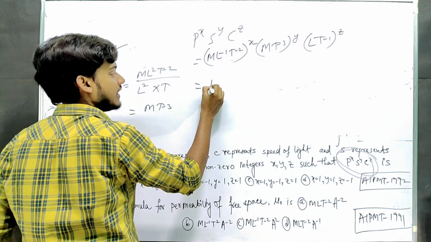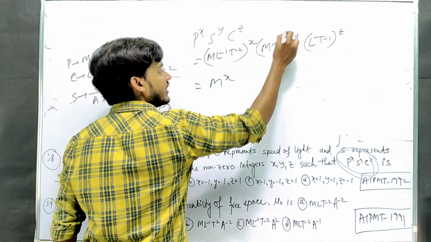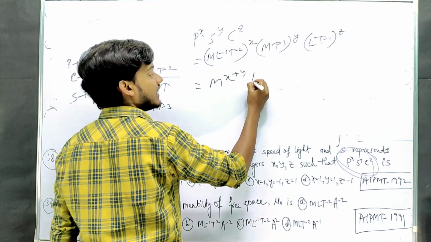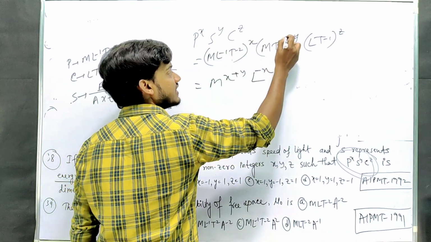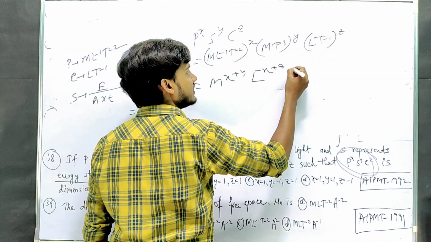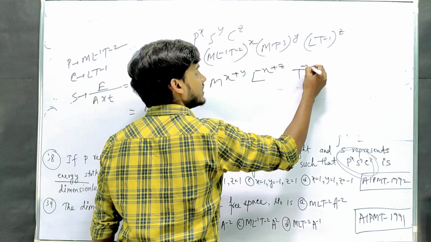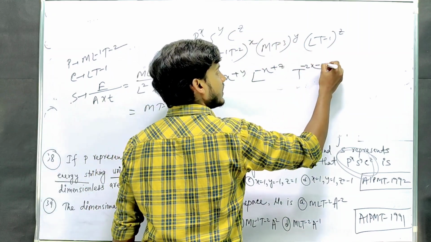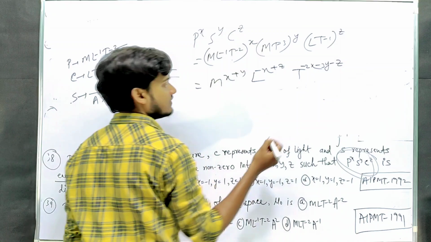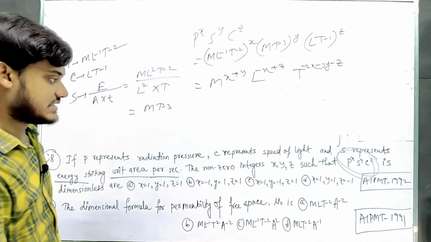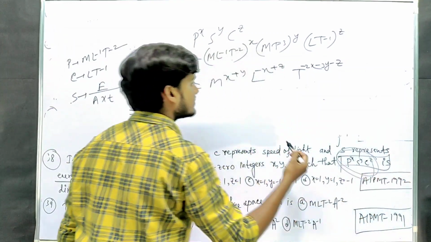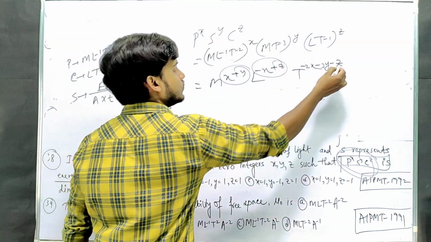Now M to the power x, M to the power y, L to the power minus x, L to the power plus z, T to the power minus 2x, T to the power minus 3y minus z. Now this is dimensionless. It means the powers are 0.